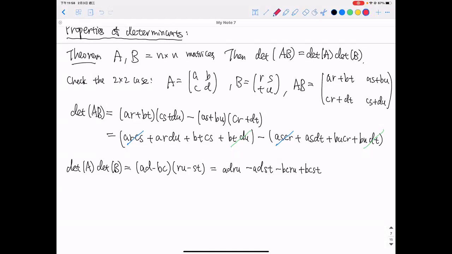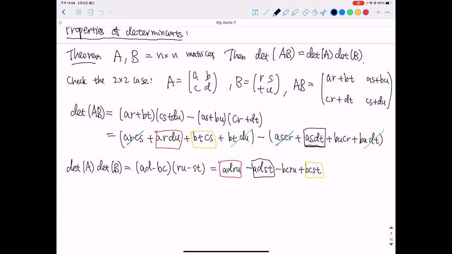Okay, and now we want to claim that this expression is equal to the expression for the determinant of AB. So we have to match the terms. ARDU here is ADRU here. Good. BTCS here is BCST there. Okay, and ASDT here is ADST here.